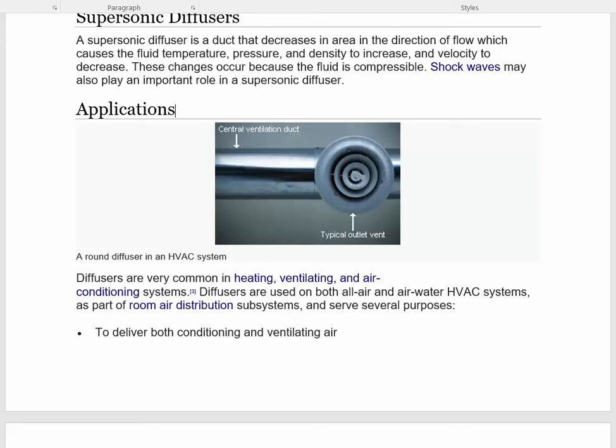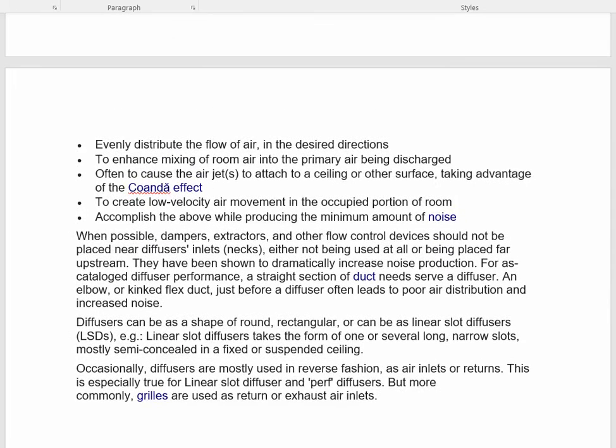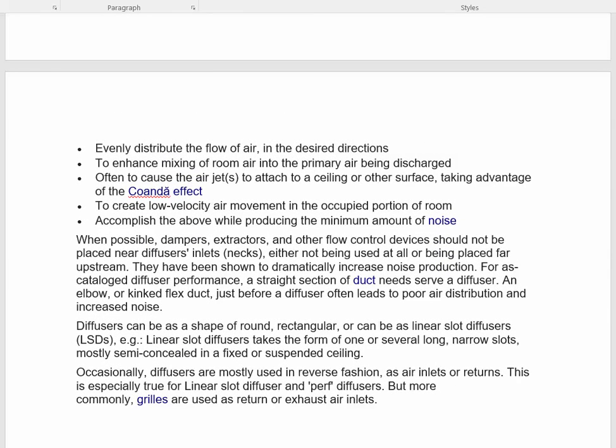Diffusers are commonly used in heating, ventilating and air conditioning systems. Diffusers are used on both all air and all water HVAC systems as a part of room air distribution subsystems and serve several purposes, as they deliver both conditioning and ventilation air and evenly distribute the flow of air in the desired direction.